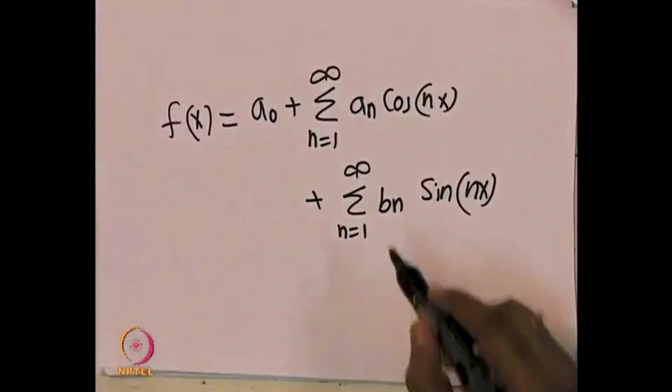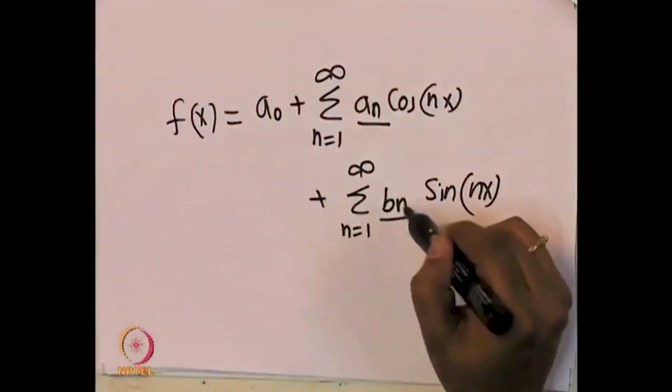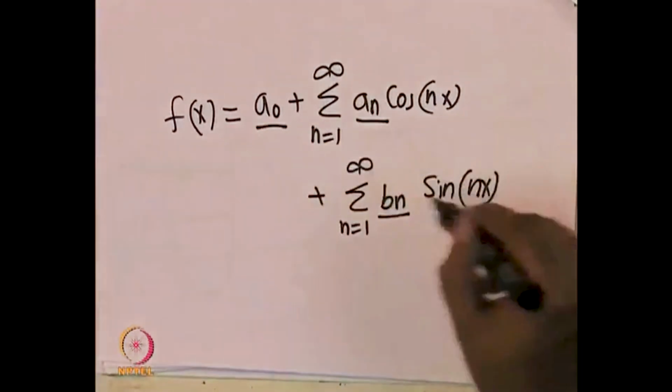So, if you know a n, b n, and a 0, we can write f of x.